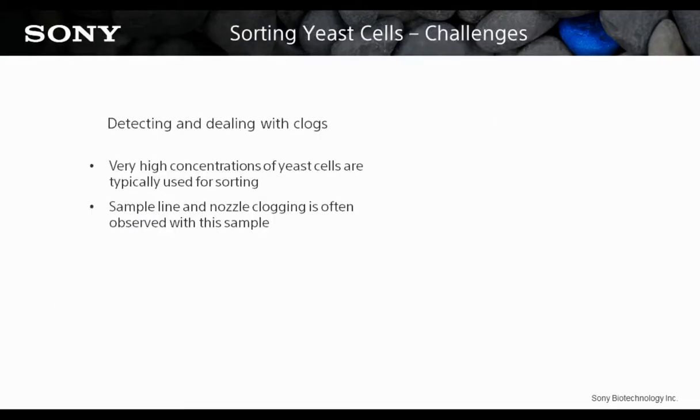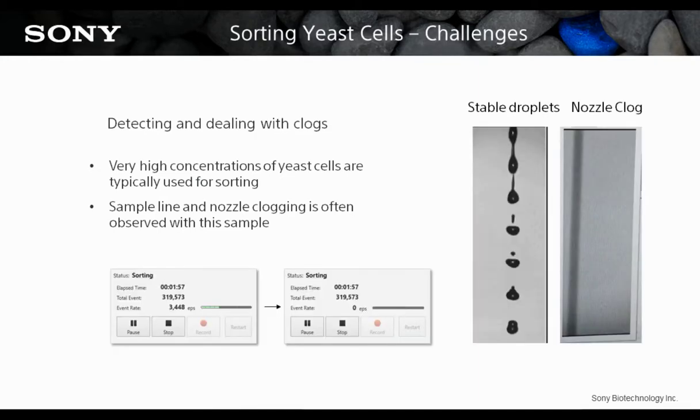What are the challenges of sorting yeast? Well, very high concentrations of yeast cells are typically used for sorting. Therefore, sample line and nozzle clogging is often observed with this sample. Here on the left, you can see the event rate changed to 0, indicating a sample path clog, while on the right, the image shows that the droplet generation is disrupted because there is a clog in the nozzle.